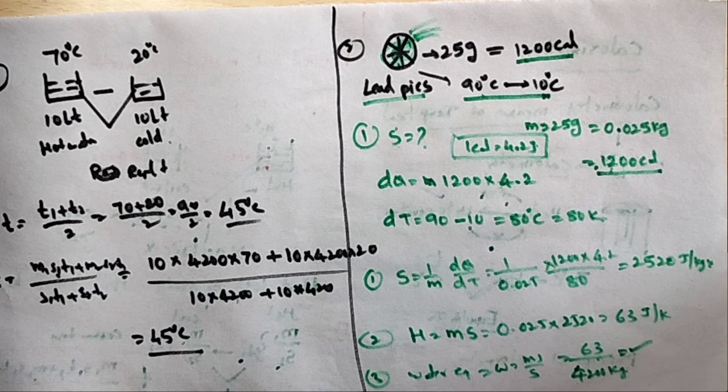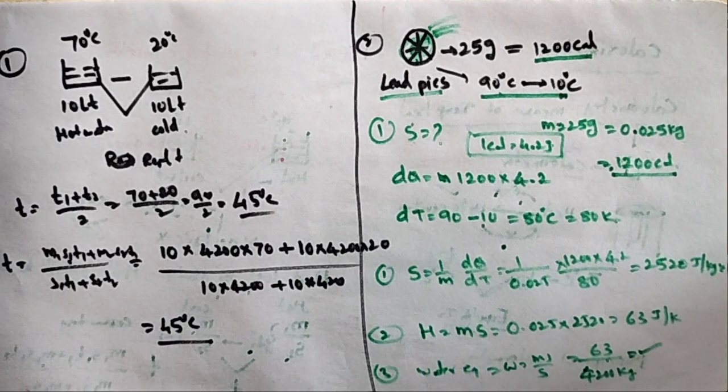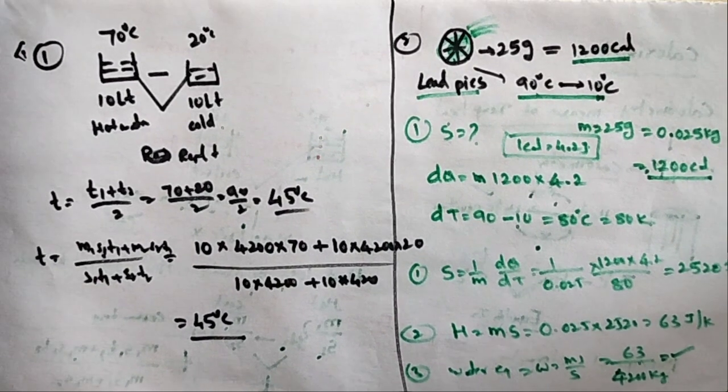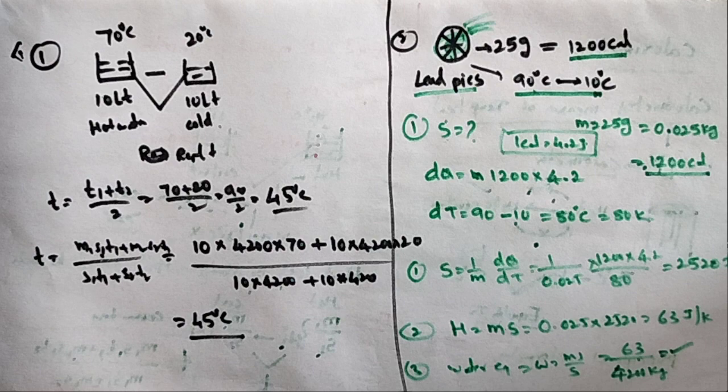So this is the water equivalent. So different types of problems are given, and you can calculate them in different ways. This is calorimetry, specific heat and heat capacity. Thank you, one and all.